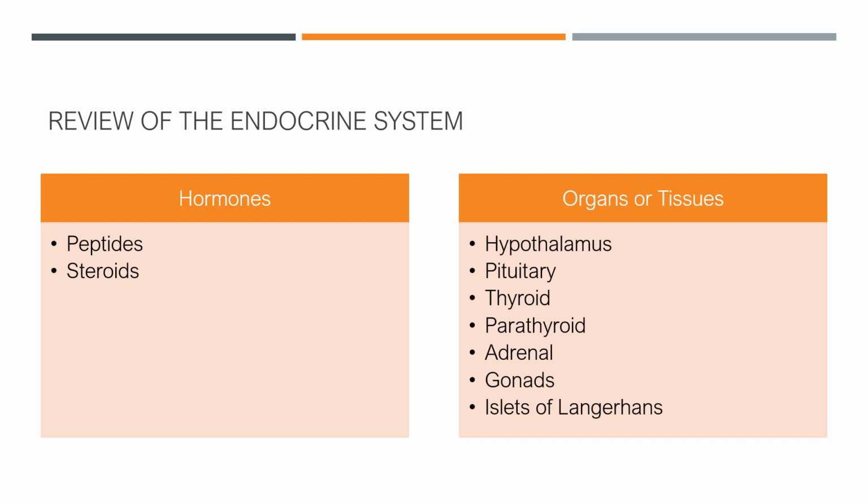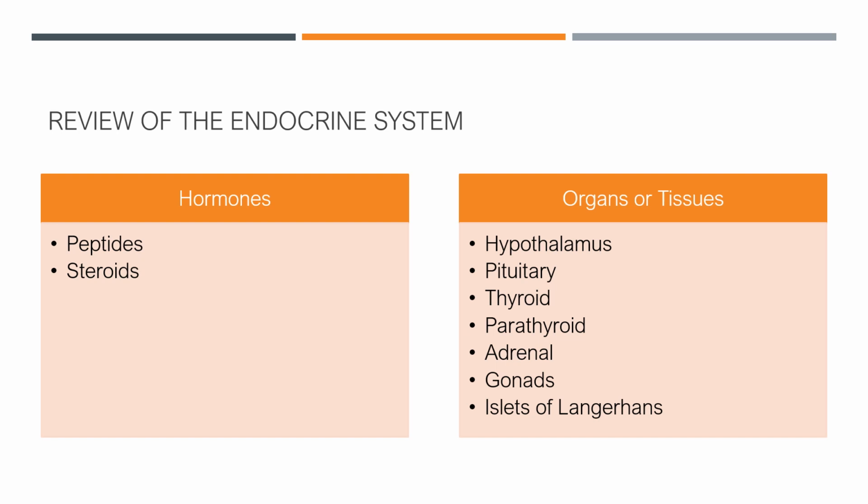Steroids are like lipids and they can diffuse on their own into a cell. They don't need anybody to help them. Estrogen is a steroid hormone, so we can take birth control pills with water.